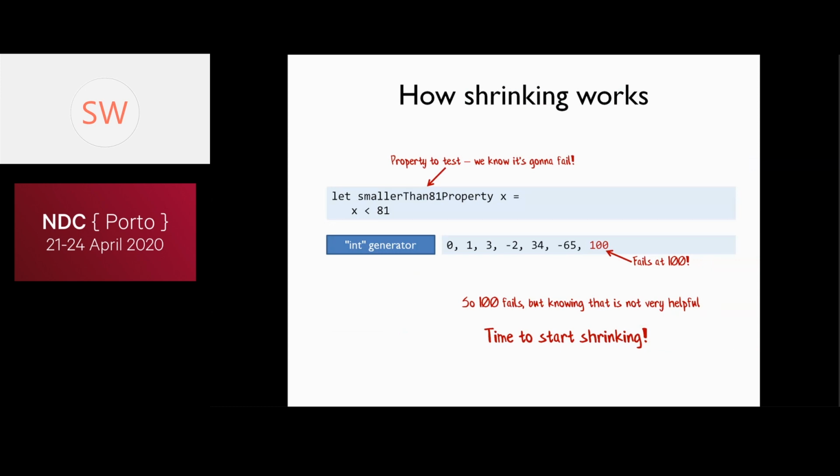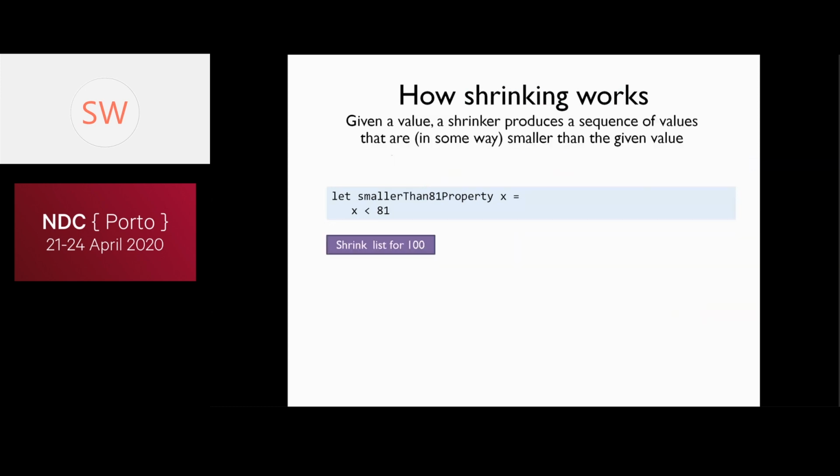It doesn't generate all of them. It takes a diminishing series that gets smaller as it gets closer to the answer. In this case, it generates 0, 50, 75, 88, 94, 97, and 99. When we run those numbers through the property, it fails at 88.